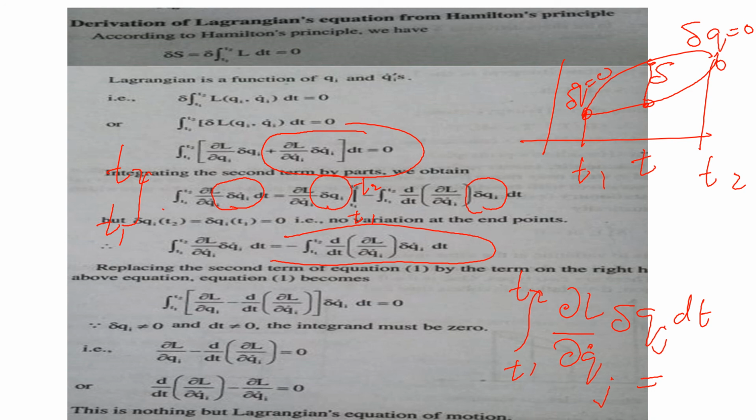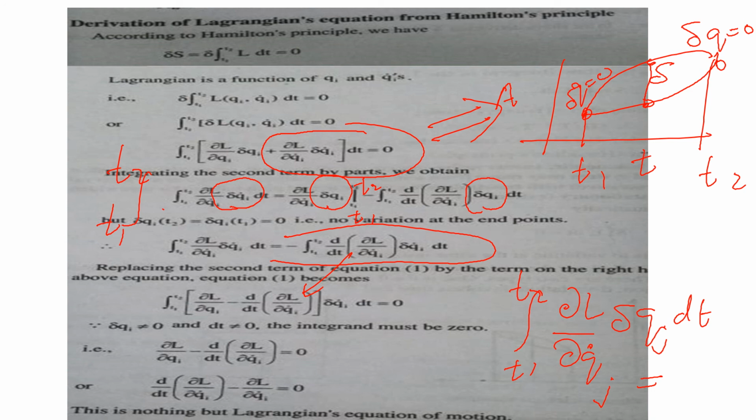So using this we can write expression A: integral t1 to t2 of ∂L/∂qj minus, the second term replaced by d/dt of ∂L/∂qj dot, delta qj dt.